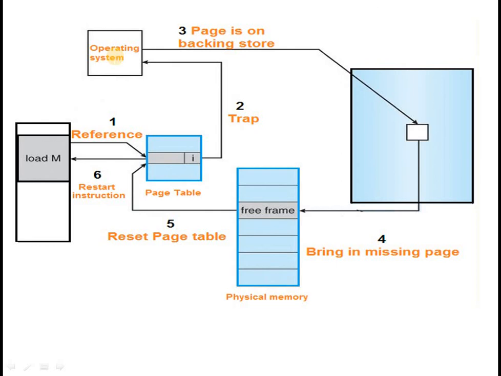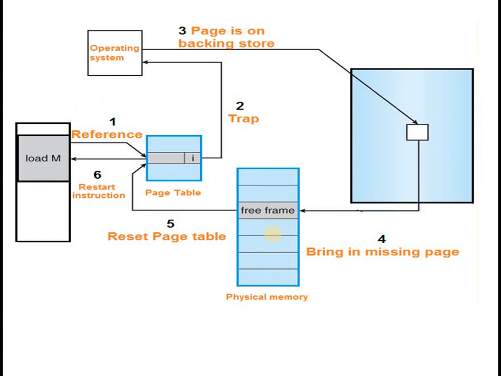Then the frame list locates the free frame, then it goes to the paging system and finds the free page. Now with a free frame, a disk operation will be scheduled to fetch the needed page from the disk. Here the free frames will be searched in the physical memory.